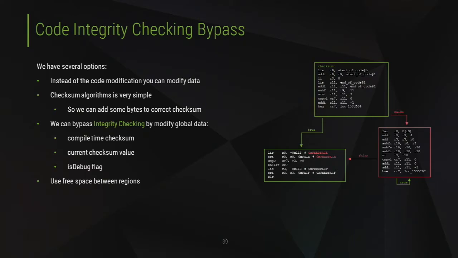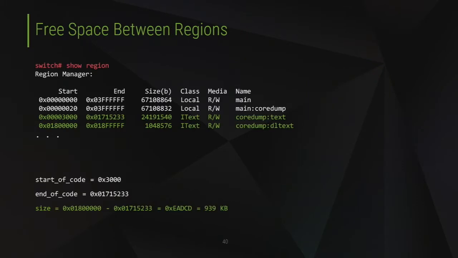The last way looks more attractive due to the simplicity of implementation and the lack of binding to offsets in the image. If you look at the checksum function code, you see that the checksum is calculated from the address start of code to the address end of code.